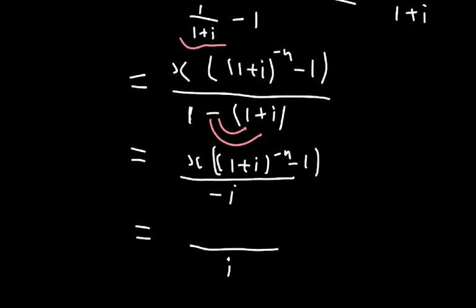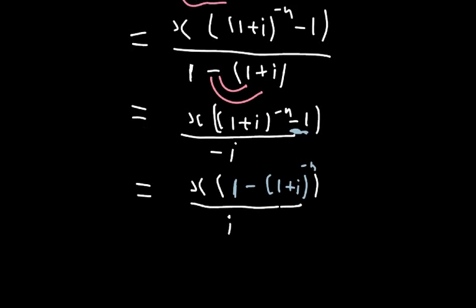On the top, we bring the negative into the bracket, and the negative 1 at the end, because it's being multiplied by a negative, becomes a positive, so we get a positive 1 in our formula, and the second bit becomes (1 + i)^-n. So think about why that happens. If you multiply the top and bottom by a negative, it allows us to do a switch around.